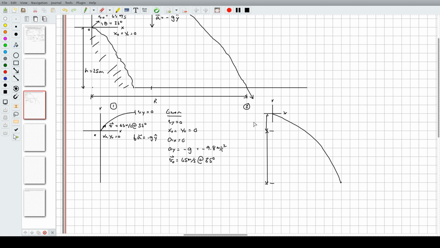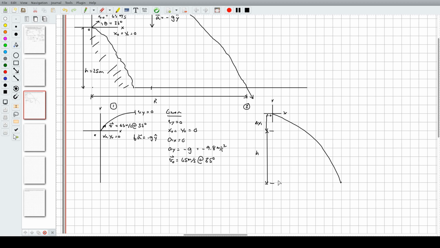And what that tells us is that we're going to need to find how high above the cliff we go from part 1, and then add that to the height of the cliff, or the height of the hill, and then note the fact that that's this far down in the negative y direction. So we have a minus y displacement. So we're going to need information again from part one to fill in the initial stuff for part two.